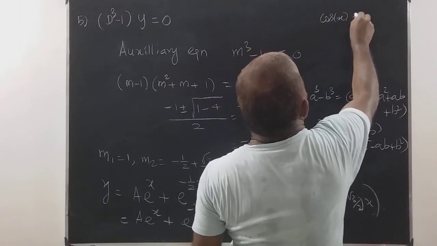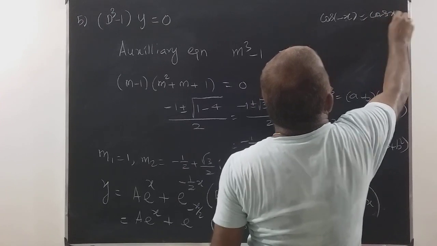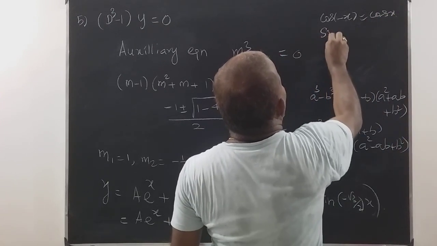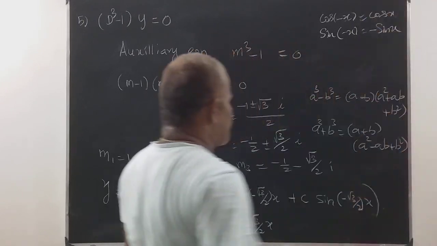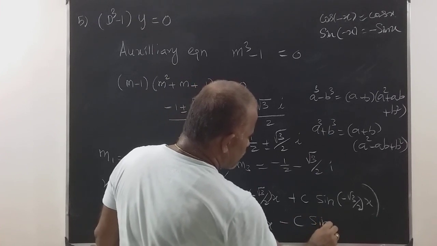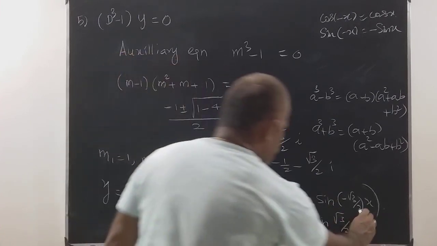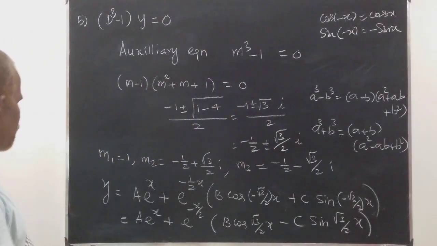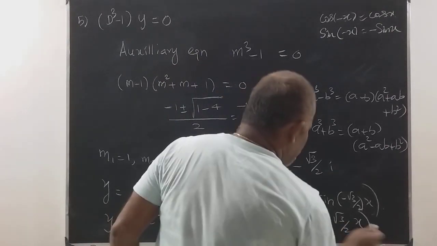Cos of minus x is equal to cos x, sin of minus x is equal to minus sin x. So therefore here minus c times sin root 3 by 2 x. So therefore this is the general solution for the given differential equation. Okay.